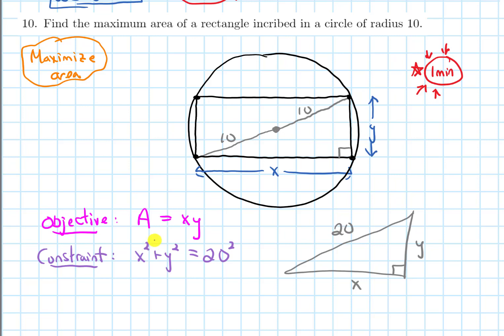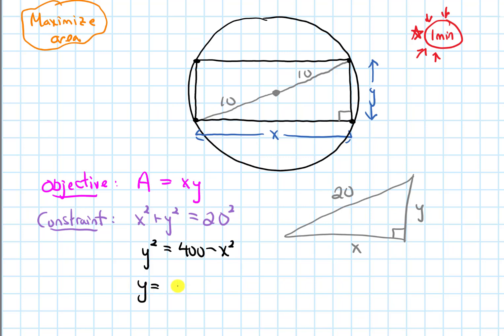Now I need to isolate one of the variables in the constraint. If I isolate y squared, I get 400 minus x squared. And if I square root this, we get y equals the square root of 400 minus x squared. We don't need a plus or minus, since y is a length.